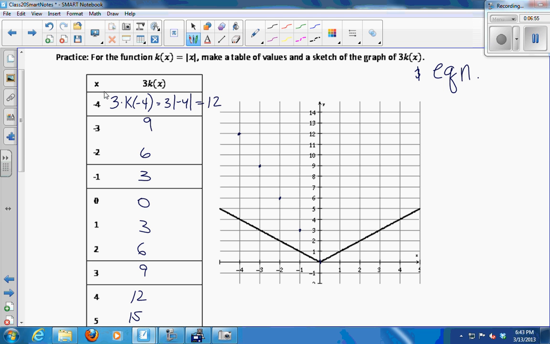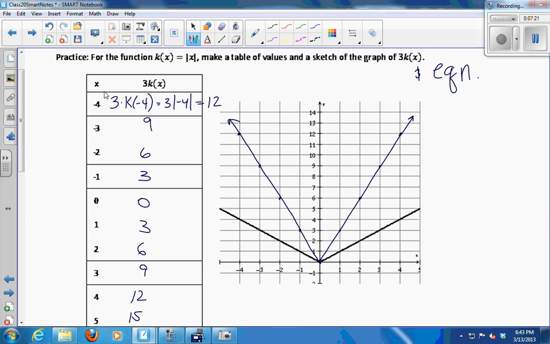X-intercept always stays the same. 1, 3, 2, 6, 3, 9, and 4, 12. Connect them. And I got my vertical stretch.